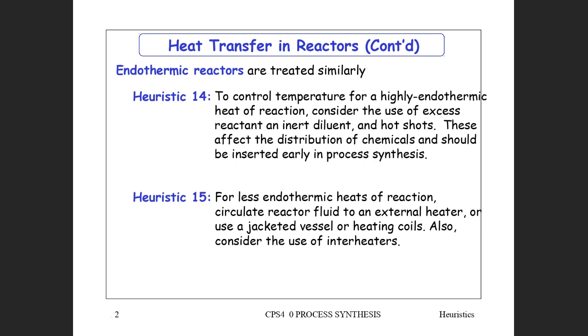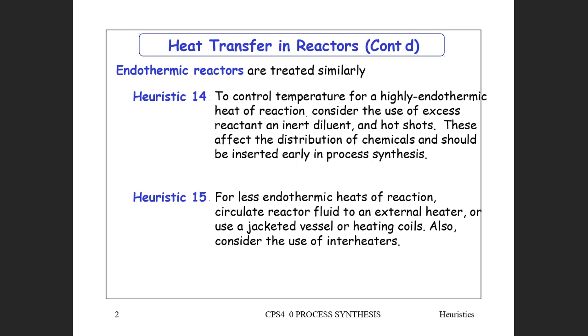They affect the distribution of chemicals and should be inserted early in the process synthesis. For less endothermic heats of reaction, circulate reactive fluid to an external heater, or use a jacketed vessel or heating coils. So again, all of these use indirect heating through a surface that separates the heating fluid from the process fluid.